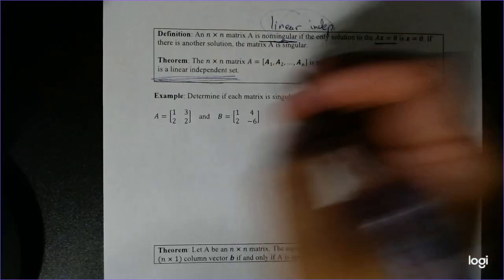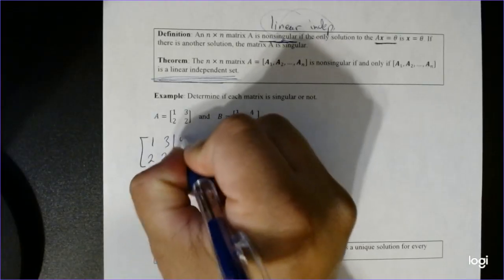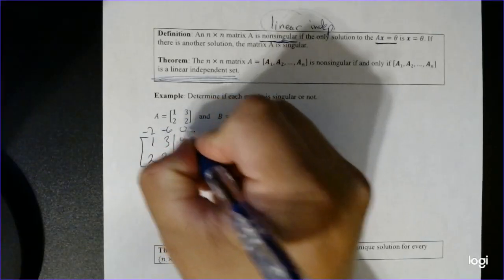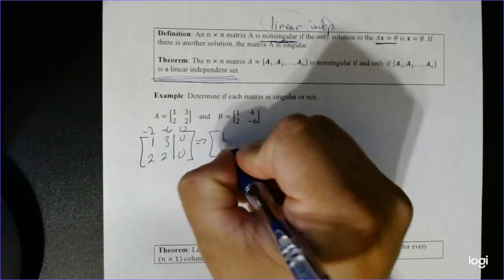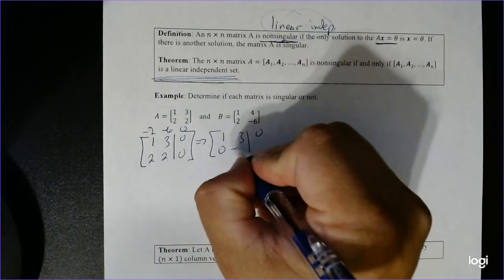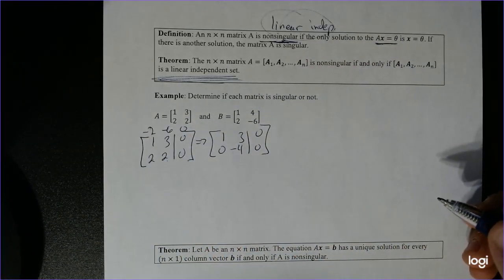So we do the same thing we've done so far. Let's see if we get 0, 0. Okay, so multiply this by -2. And it looks like we're going to get it, right?